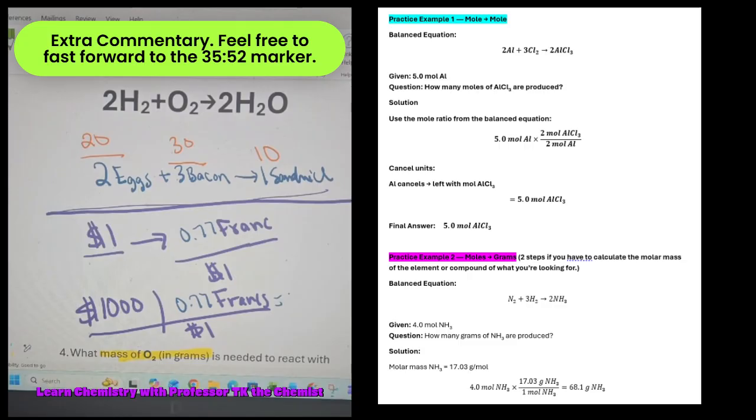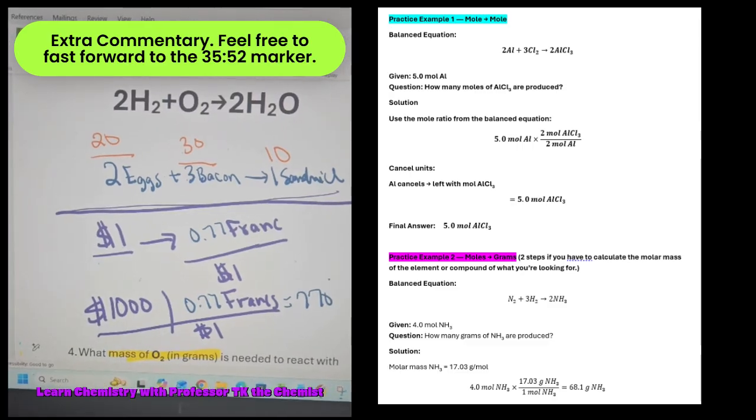So what am I showing you all here? I'm trying to explain how to do these conversions to make it easier, because we're talking about conversions. If I were to say go from a gram to a mole, this is the same thing.